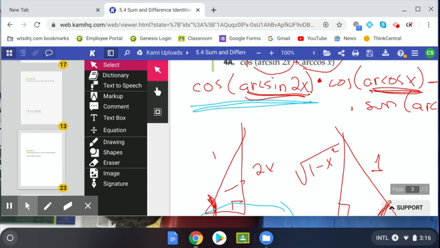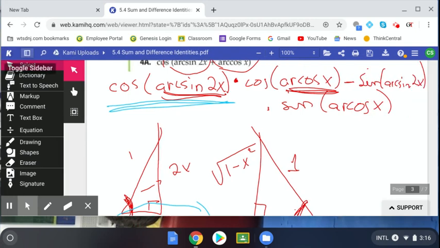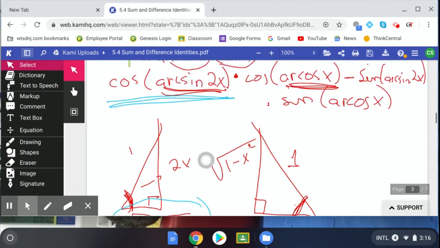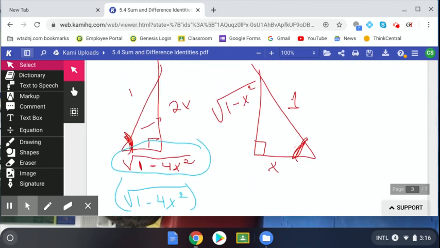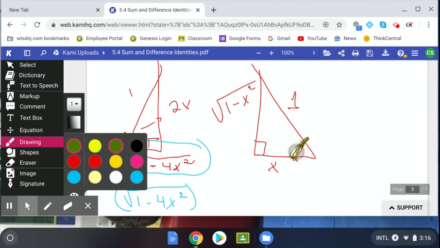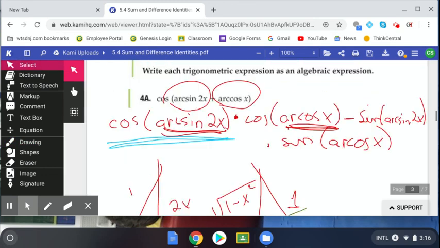Because if you look over here, cosine of this angle on this side would be adjacent over hypotenuse, so just x. So I can do times x minus, now I have to work on the second part, which is sine of arc sine 2x.